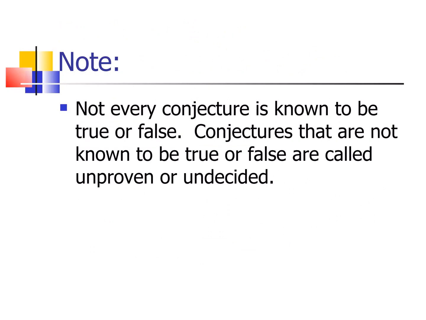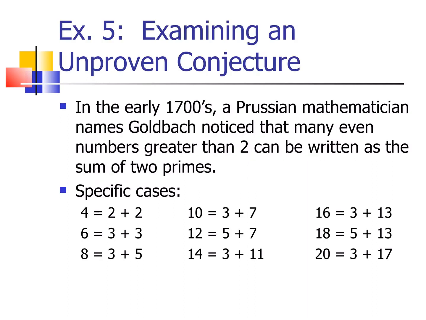But not every conjecture is known to be true or false. Okay? Conjectures that are not known to be true or false are called unproven or undecided. This is an example. Every even number greater than 2 can be written as the sum of two primes.